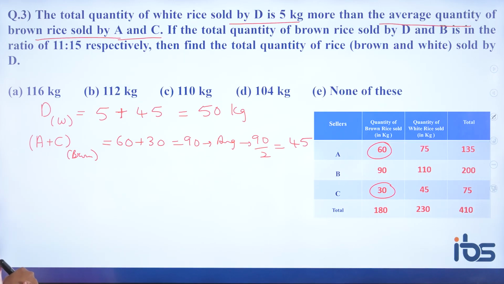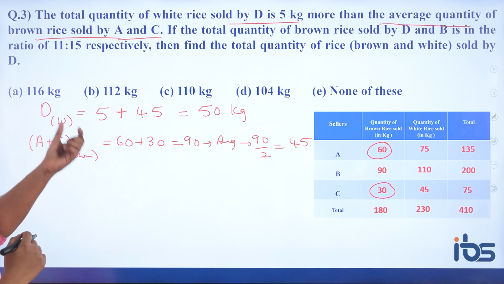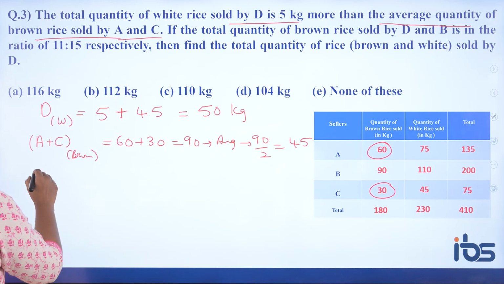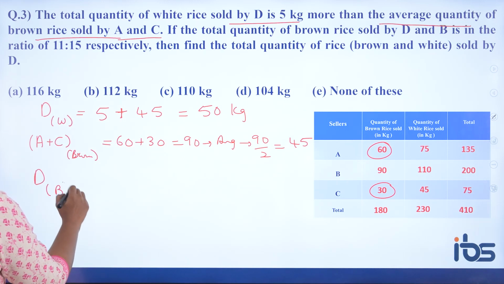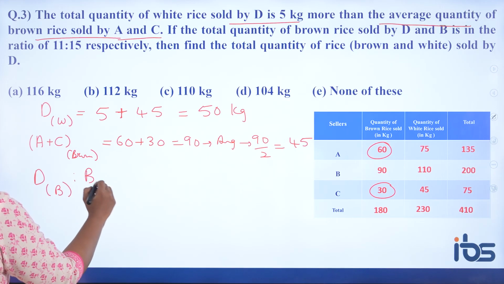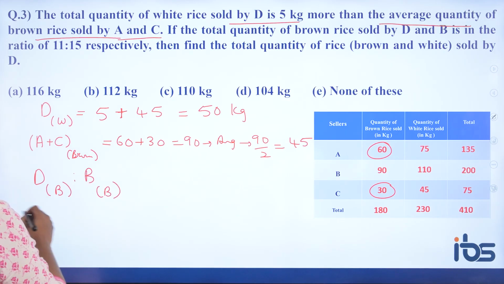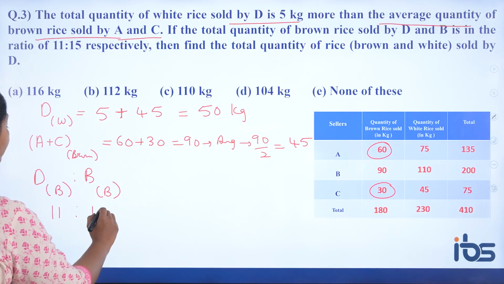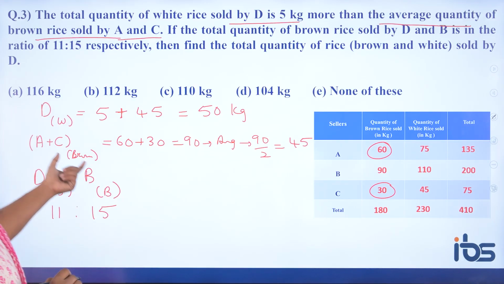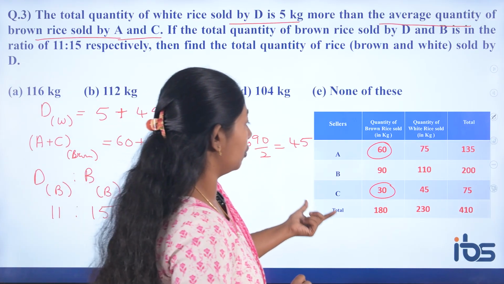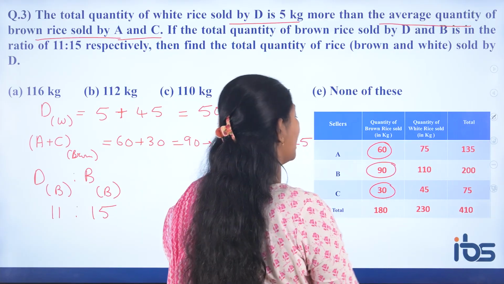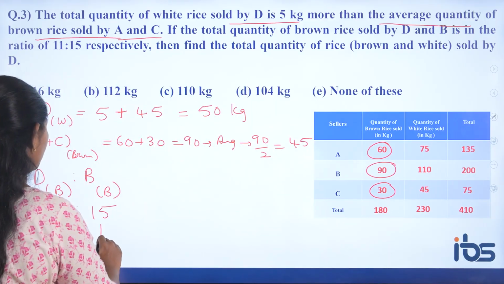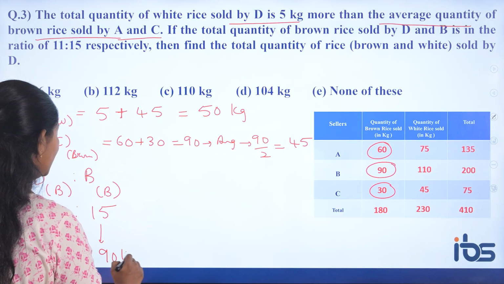So now the total quantity of brown rice sold by D and B is in the ratio of 11 is to 15. So already we know brown rice sold by B. What is brown rice sold by B? That is 90. So 15 units correspond to 90 kg.